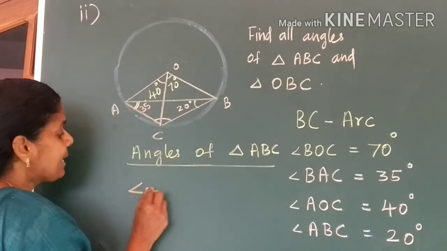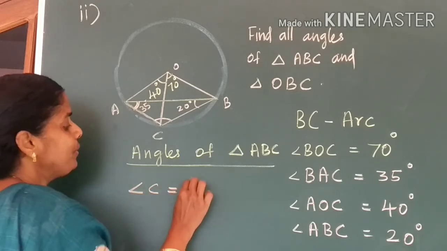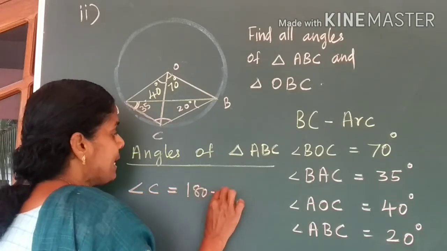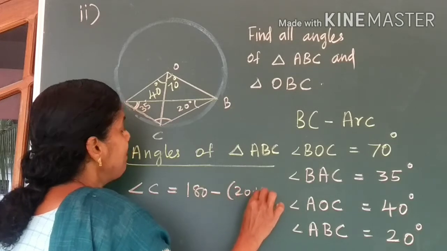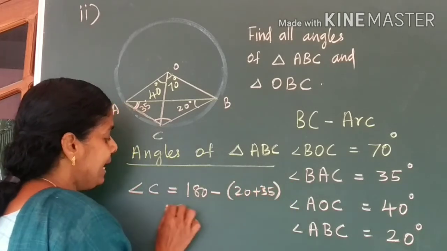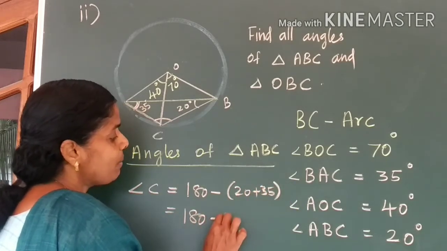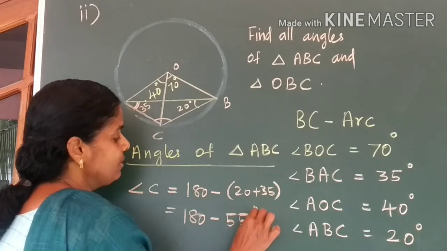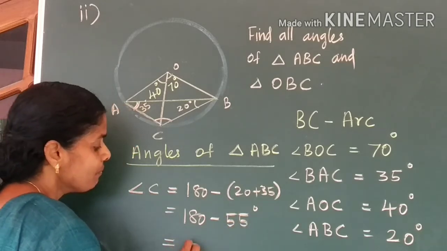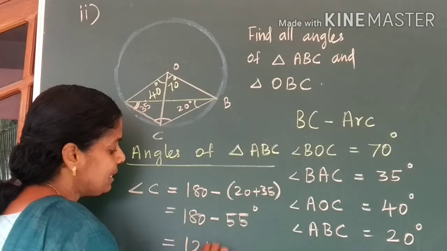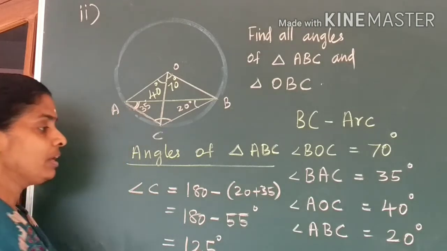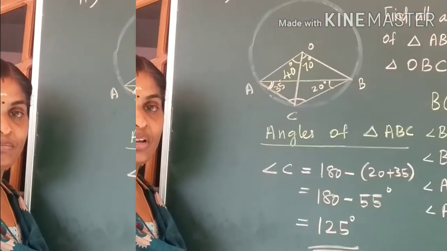We know angle C will be equal to 180 minus of 20 plus 35. That gives you 180 minus 55, that is equal to 125 degree. Do you understand?